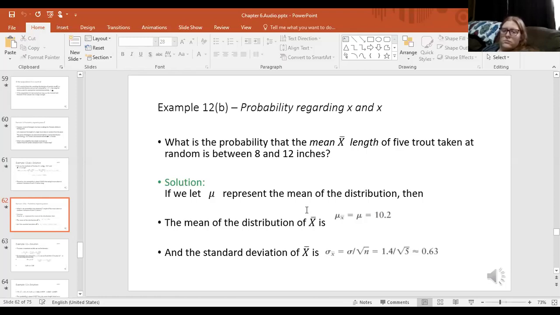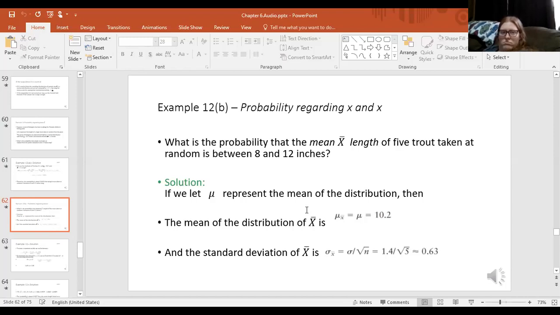That is the standard deviation for the sample mean. So the question was, what is the probability that the sample mean is between 8 and 12? So we now use our normal distribution calculator, second function, VARS, 2. The lower value is what?